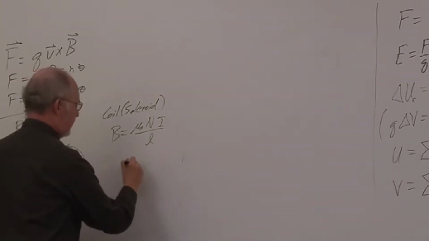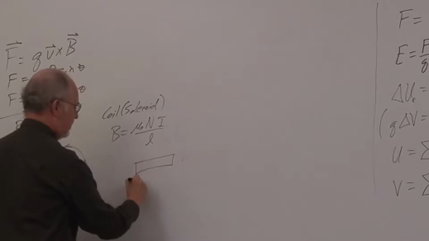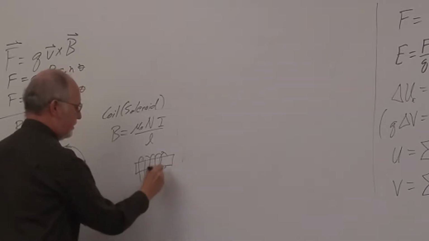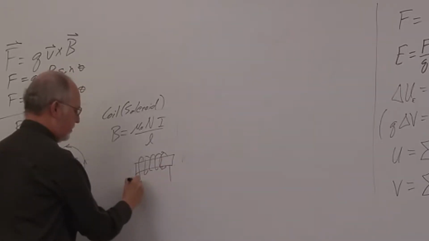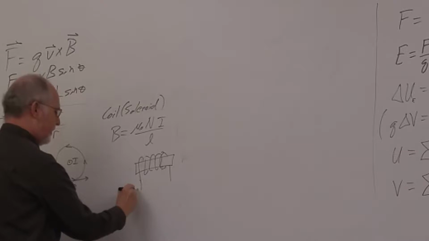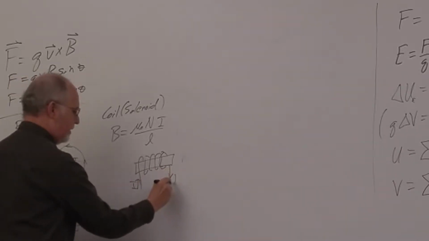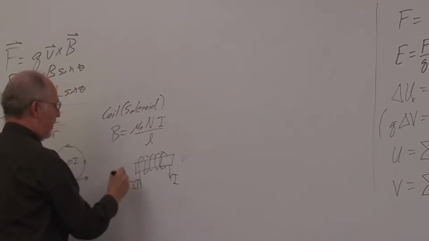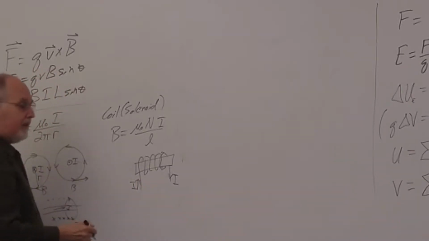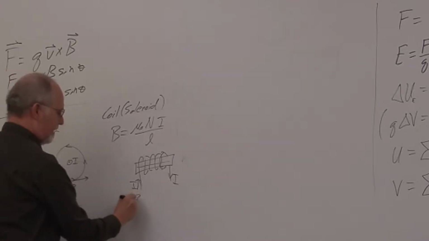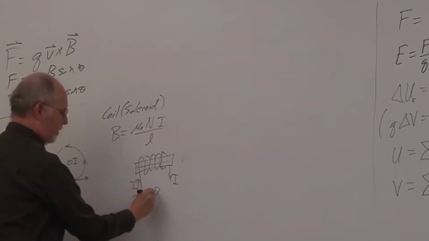This would be one of those where you have to have the picture drawn so you can tell which way the coil is. So if you've got current going in this way, coming out this side, then the direction of that field down the center line, that would be the magnitude. Direction is that third right-hand rule.